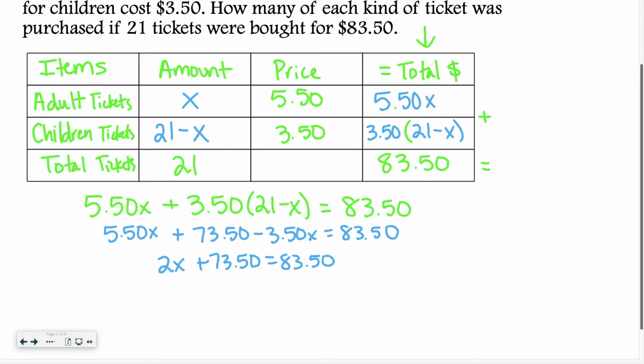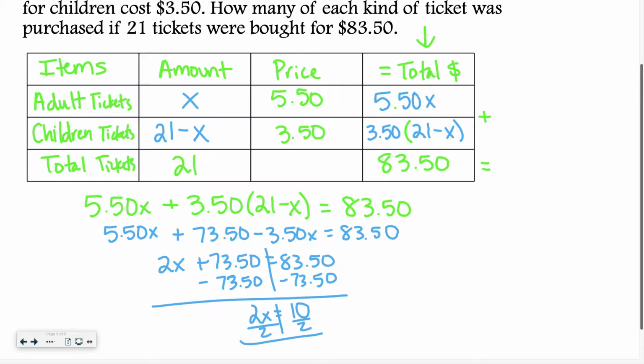And then I subtract 73.50 from both sides, and I am left with 2x equals 10. Divide both sides by 2, and I get x equals 5.